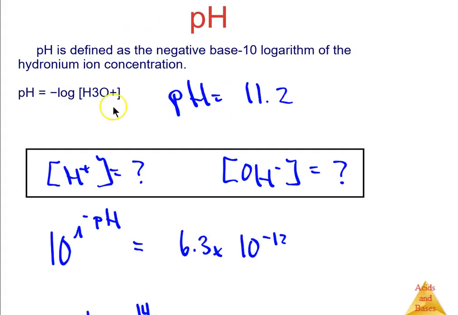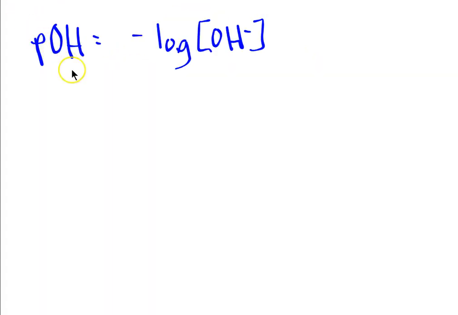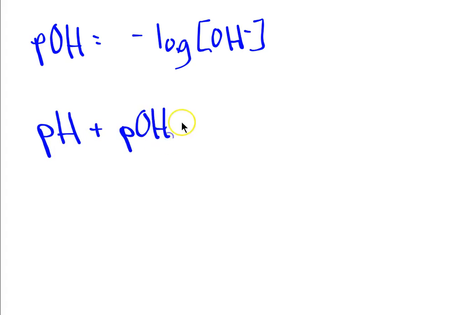What did we find? We were finding the concentration of hydroxide. Yeah, that's the concentration of the OH minus. Okay, now coming over here, there's another way to write pOH, and it's this. pH plus pOH always equal 14.